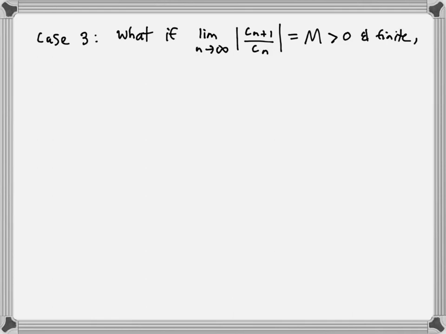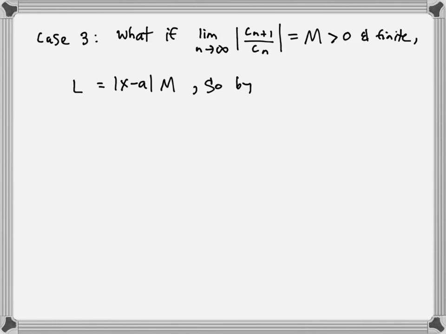If we get a positive number that is not 0 or infinity, then what does that mean? This means that L, our limit that we get, is equal to this times this. So what is this going to mean?